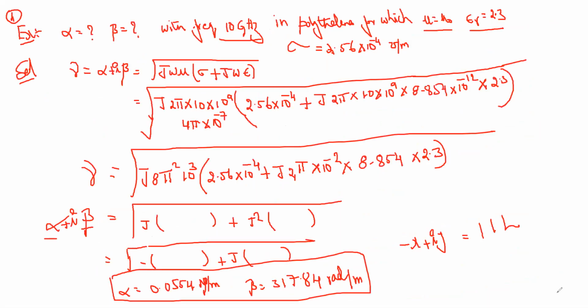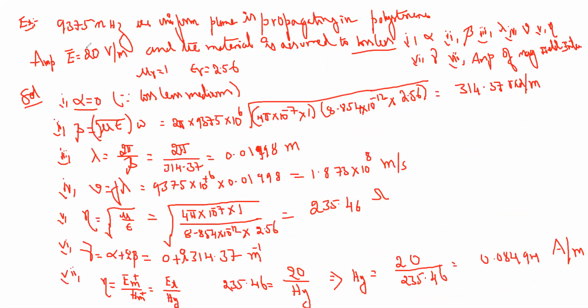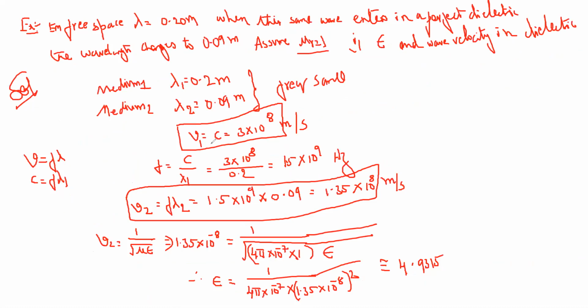And coming to the second example, in that second example also, the beta is the same magnitude, lambda, the wavelength is the same, and the velocity is there. The velocity V is equal to F lambda. And intrinsic impedance is under root of mu by epsilon. And the intrinsic impedance in terms of electric and the magnetic field is the ratio between of EM plus by the HM plus.